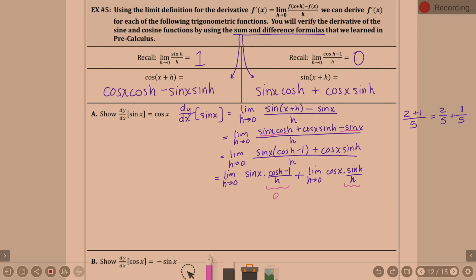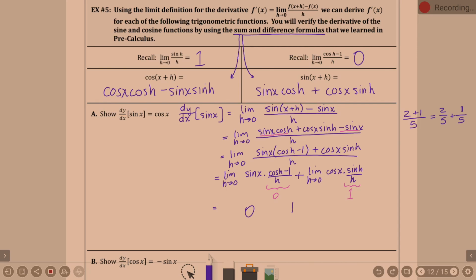It's going to be 1. So this whole first piece, the limit as h approaches 0 of sine x times cosine h minus 1 over h, all of this is going to be what? 0, because 0 times anything is 0.